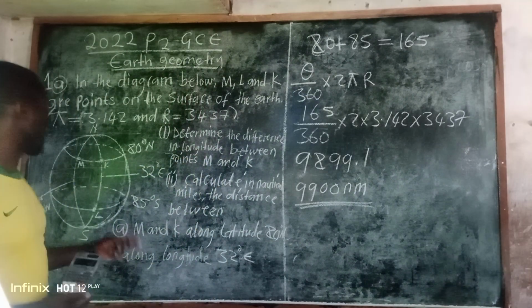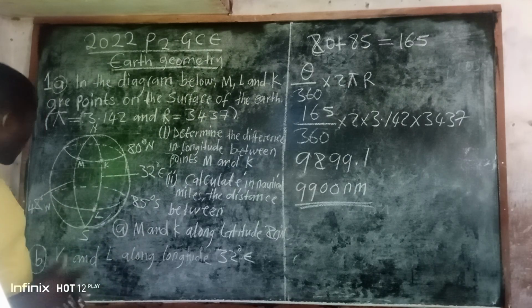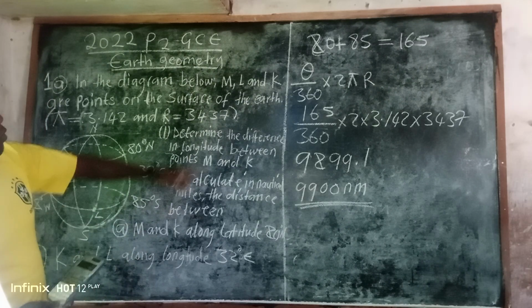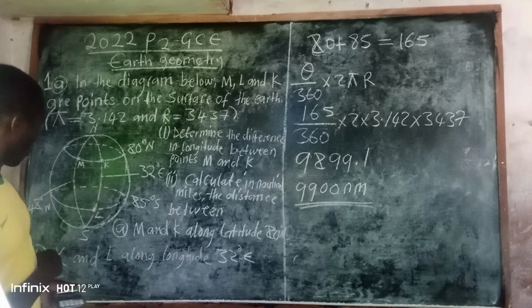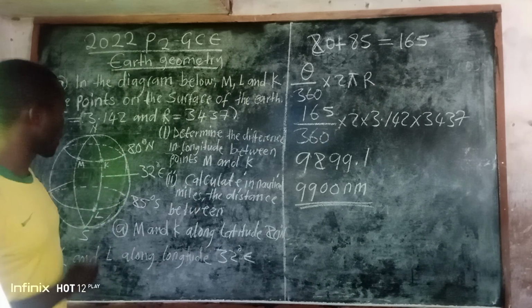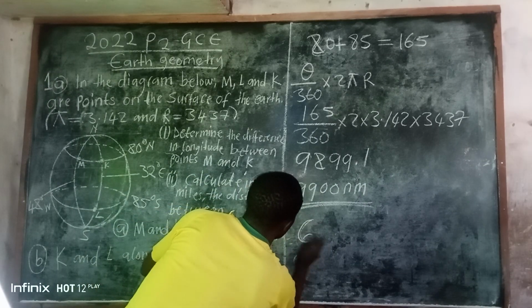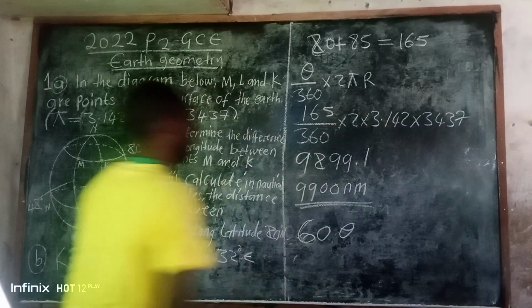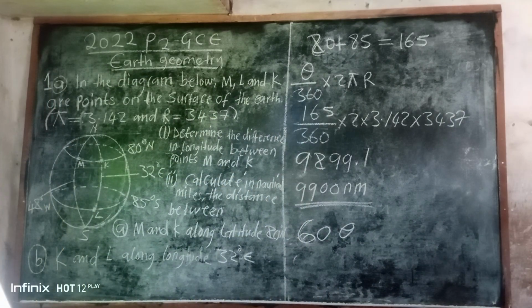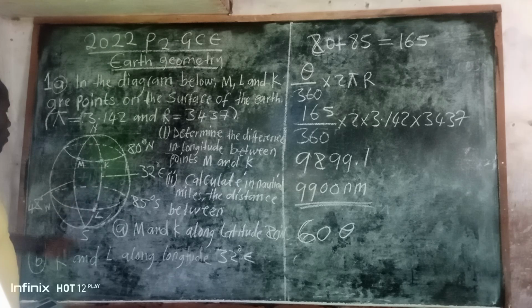It means we are done with this question. But all in all, we can still use that other method since it is also being answered in nautical miles. So we can still use that same other method which I indicated earlier. So we are saying 60 theta. Okay, it will just be 60 theta because we are along the great circle.